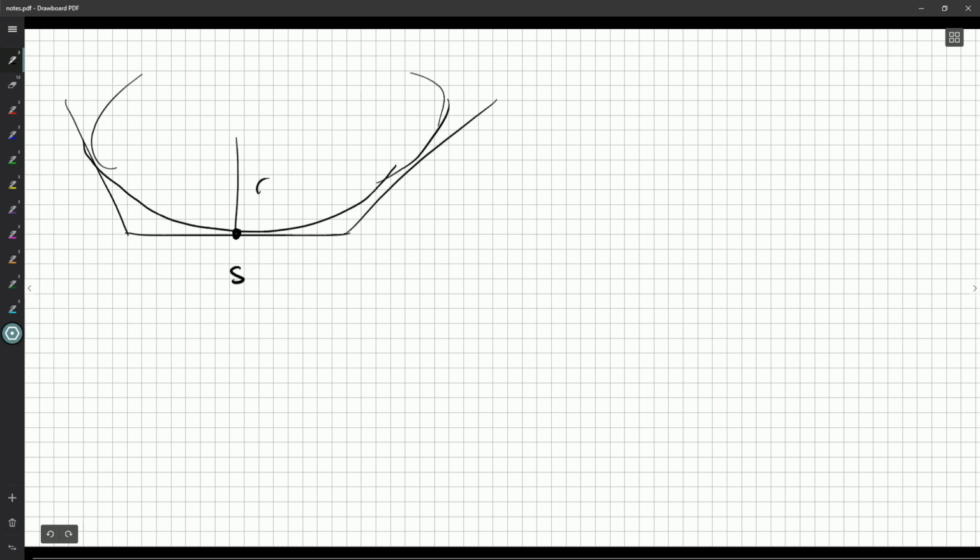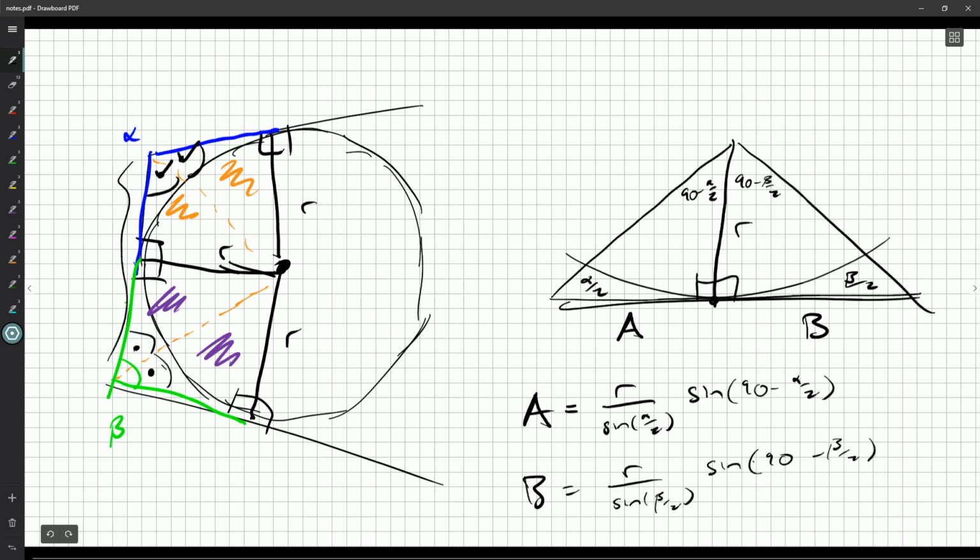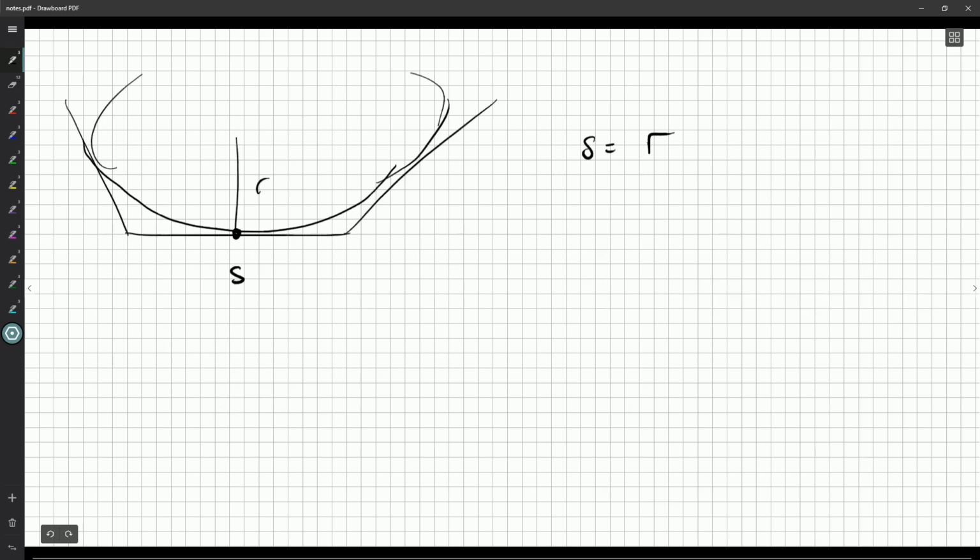Okay. So if you're tangent to 3 sides of a quadrilateral, and the middle of those 3 is side S, I can say that S is, we can factor out the radius from each of these and just say S is, that angle's alpha and that angle's beta.